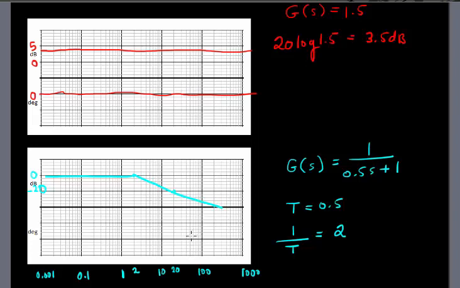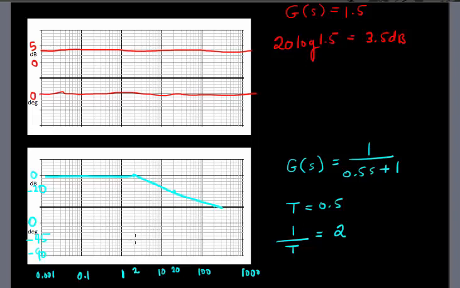For the phase, that 1 over tau point equal to 2 is where I'm going to hit minus 45 degrees. So I put minus 45 degrees there. Minus 90 is going to be there, and that would be 0.